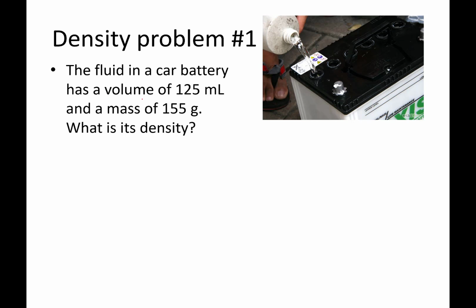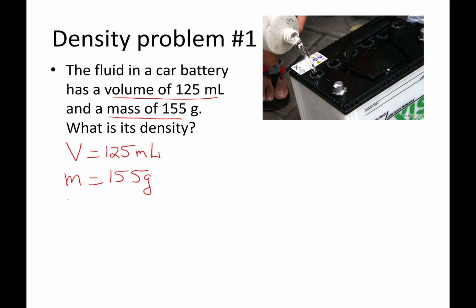So this fluid has a volume of 125 milliliters, so I'm going to write that down. It has a mass of 155 grams. If you have this on a piece of paper, notice I underlined that mass. You can underline that volume. Make sure you can pinpoint and visualize what the important pieces are.